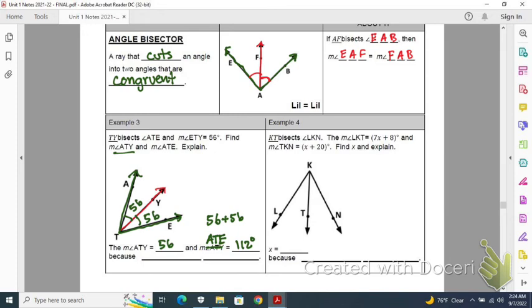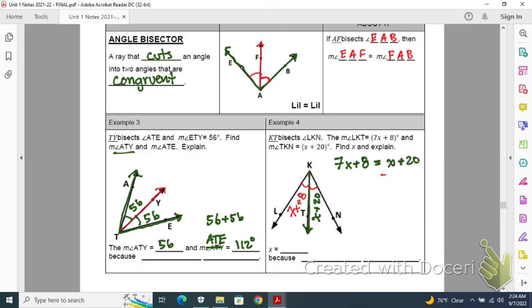Lastly, we're going to apply some algebra. KT bisects. So I'm going to draw my markings. And then label LKT as 7x plus 8, and TKN as x plus 20. So just like a midpoint, we're going to set those two equations equal to each other and solve for x. So we get 7x plus 8 equals x plus 20.